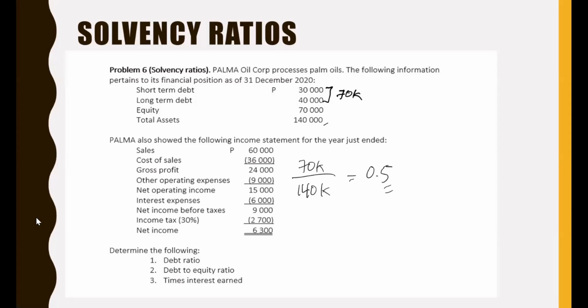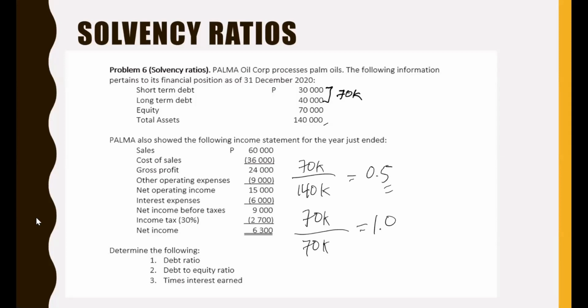Now, for debt to equity ratio, your debt is 70,000. Your equity is 70,000. So we have 1.0. So what does it mean?